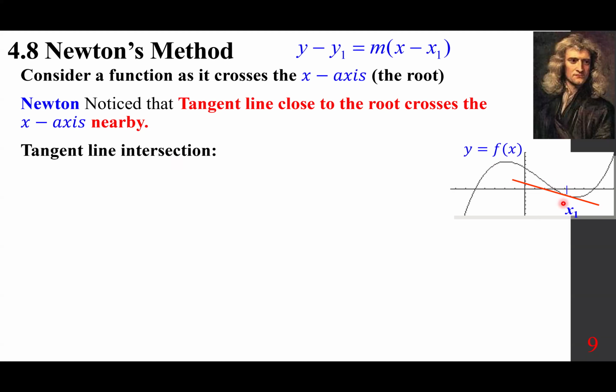You draw a tangent line at x sub 1, and x sub 1 has a y coordinate f of x sub 1. So y minus f of x sub 1 equals f prime of x sub 1 times x minus x sub 1. So here's the point-slope equation of a tangent line given the point x sub 1.